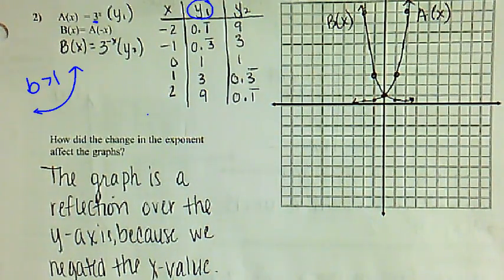For this one, what I need to point out is, yesterday we talked about how 3 raised to the negative 2 is the same thing as 1 over 3 squared, which equals 1/9. If you did this in your calculator, you would get a decimal.